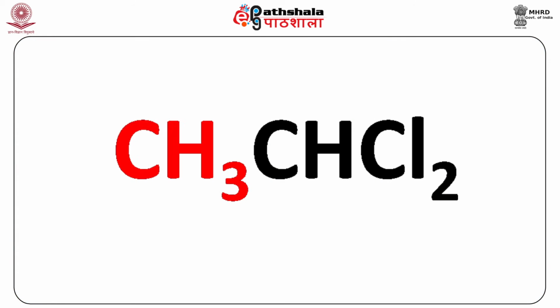In the case of CH3CHCl2, there are two different chemical shifts for the hydrogen nuclei in this compound. The n+1 rule tells us that for the methyl group, the single hydrogen nucleus in the adjacent CHCl2 group will split its signal into a 1:1 doublet, that is 2 equal peaks.